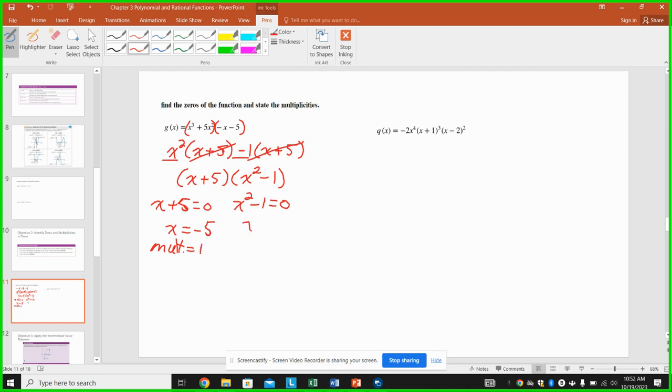All right. How would I solve this one? Plus 1, so I get x squared equals 1. Then I need to do the square root of that, but don't forget what? Plus or minus. And the square root of 1 is 1.